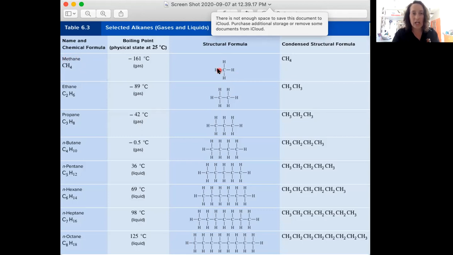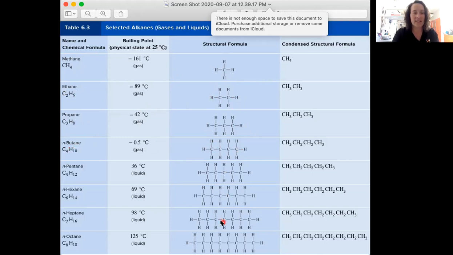For one carbon, we use the word meth, so methane. If it's 2 carbon units, we use the prefix eth, ETH, for ethane gas. If it's 3 carbons, it's prop, P-R-O-P. For 4 carbons, it's but, B-U-T.